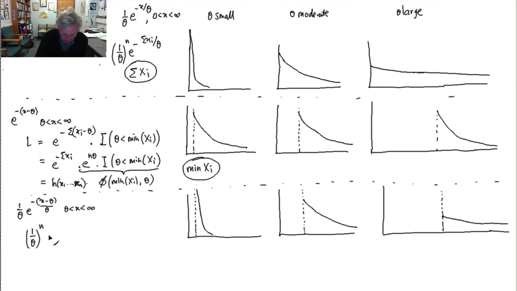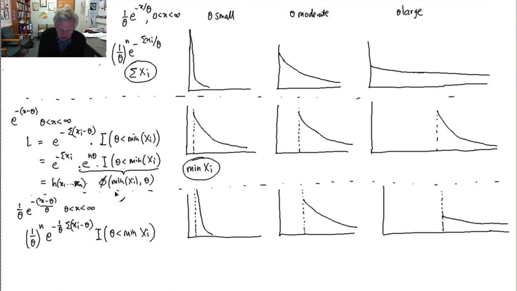We get an e to the minus 1 on theta times the sum of the xi minus theta. And we also get the indicator function as to whether theta is less than the minimum of the xi.